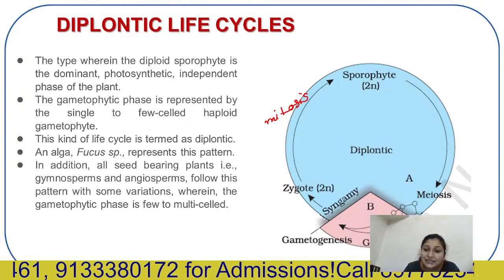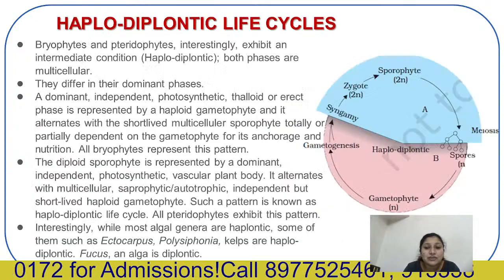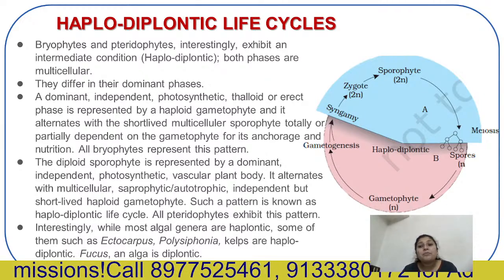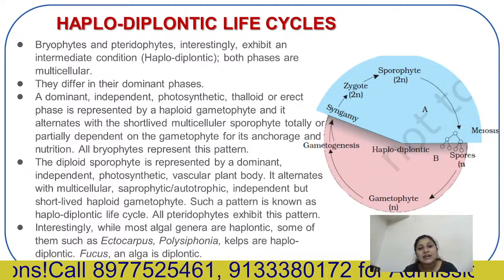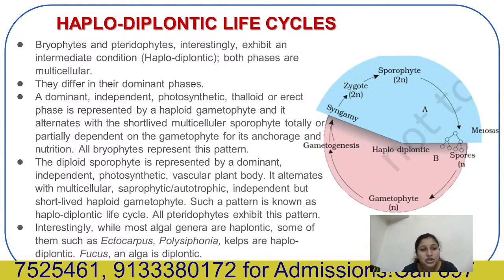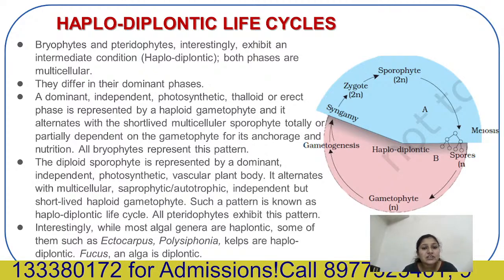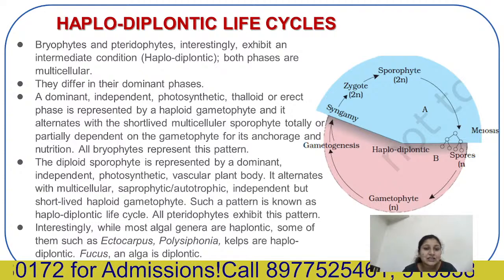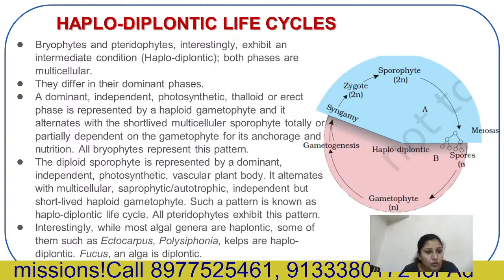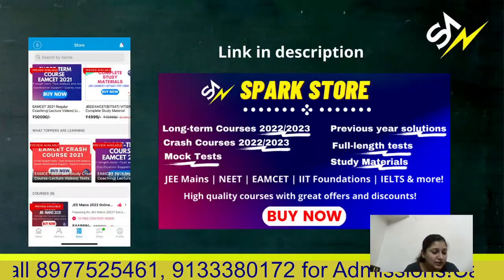Gametes will not undergo mitosis to give rise to a multicellular body. But here they undergo mitosis to give rise to a gametophytic body, and the zygote will undergo sporophytic body formation. Though the dominant phases are different, the dominant phase can depend on photosynthesis, whether they are dependent or independent. So this is called the haplodiplontic life cycle.